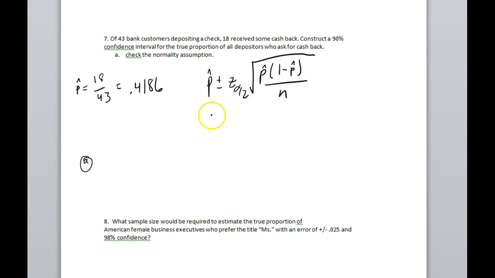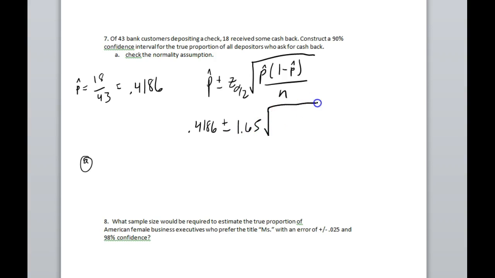Yes, okay. And this is going to give us 0.4186 plus or minus... what was the z-score we used for the 90% confidence interval? That was going to be 1.65.